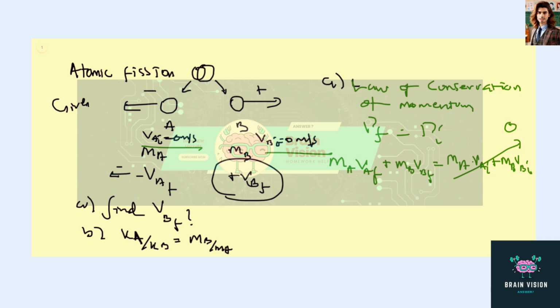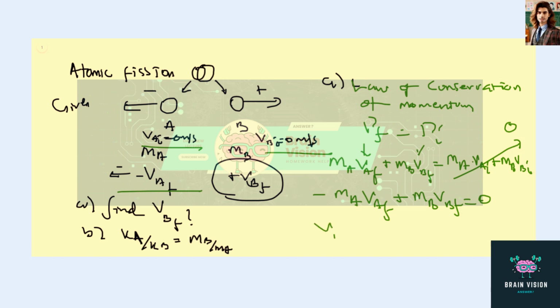The velocity of A is negative because it moves in the opposite direction. So that's going to change the character of this problem. So you have MA VA final plus MB VB final equals zero.